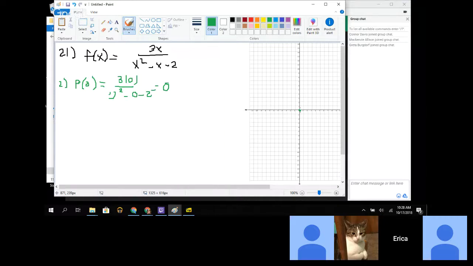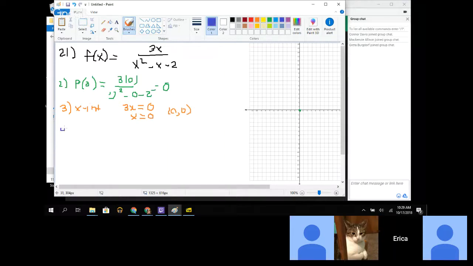Okay. Step 3 is we're going to find the x-intercept. The x-intercept is nice because we just take the numerator, we don't even have to worry about the denominator, and set it equal to 0. And the x-intercept is also at 0, so 0, 0. Okay.